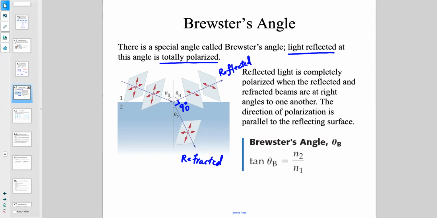So in other words, if I wanted to indicate that, this polarization is parallel to the surface.